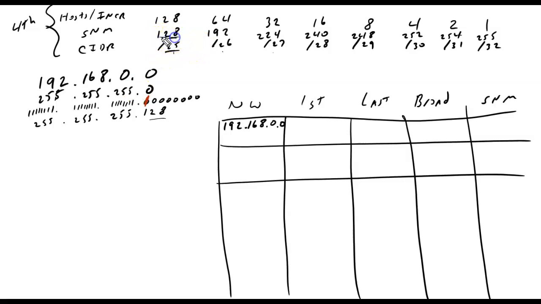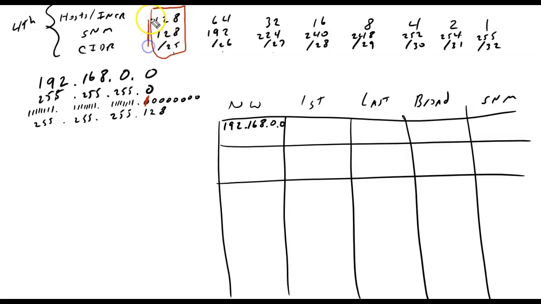So I've got a subnet mask of 128 in the 4th octet, or a CIDR of /25. Either way, I should be able now to work out what I need for my increments. This is going to be the column that I have identified that I'm going to be working with, and the increments are given to me right here.